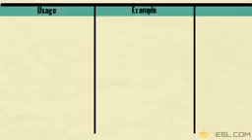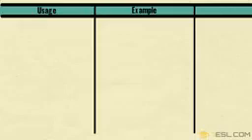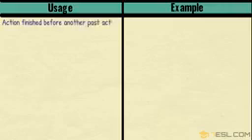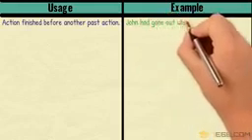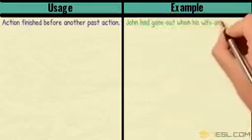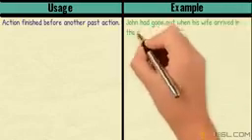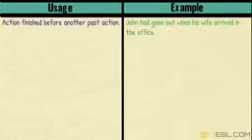Usage. Example. Action finished before another past action. John had gone out when his wife arrived in the office.